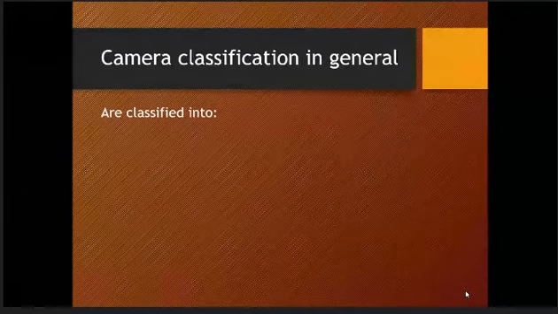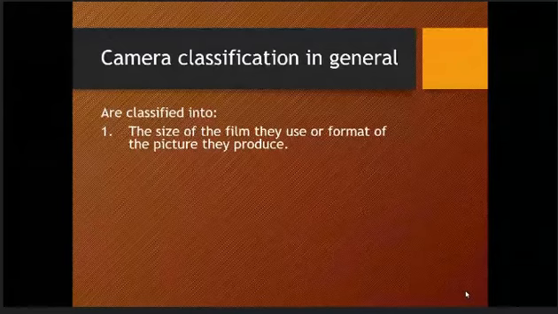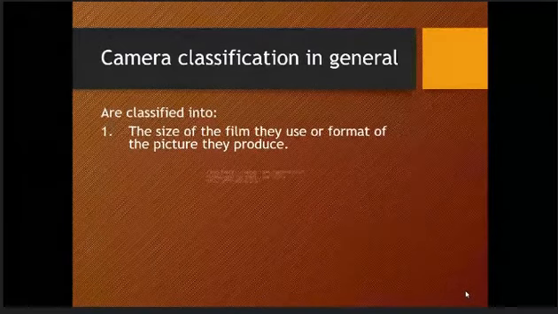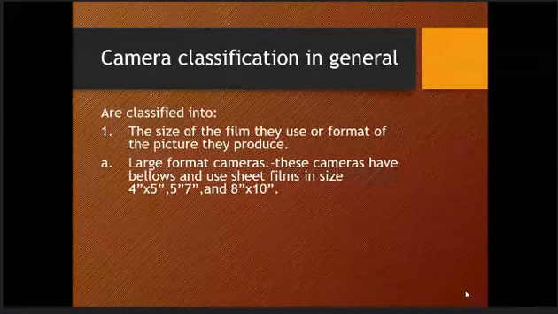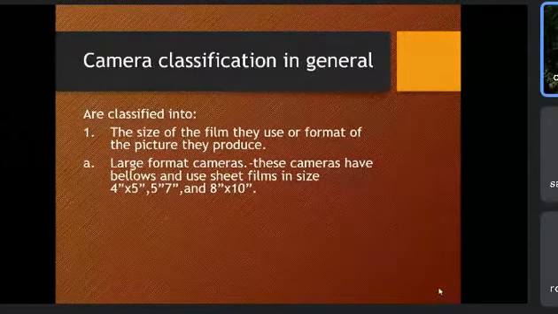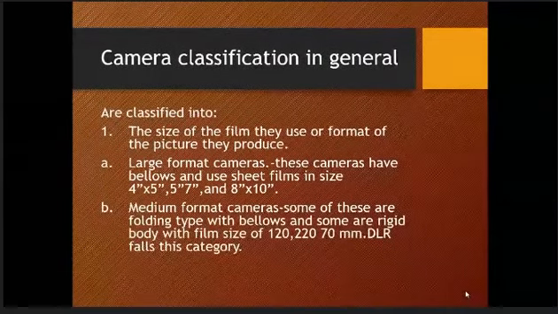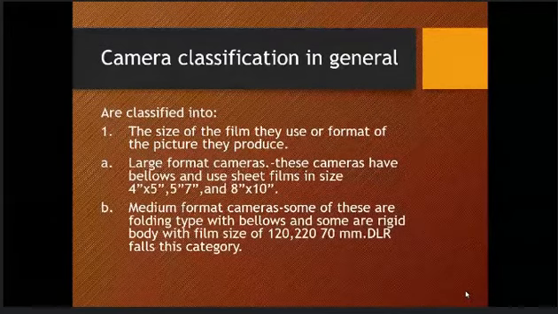Now, we have your camera classification in general. By the size of the film, the use or format: large format cameras, with sizes 4x5, 5x7, and 8x10. Then medium format cameras. The DSLR falls in this category.